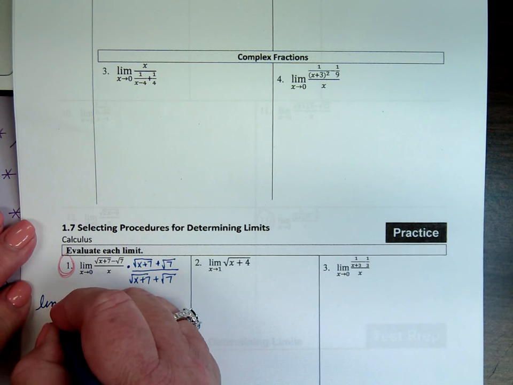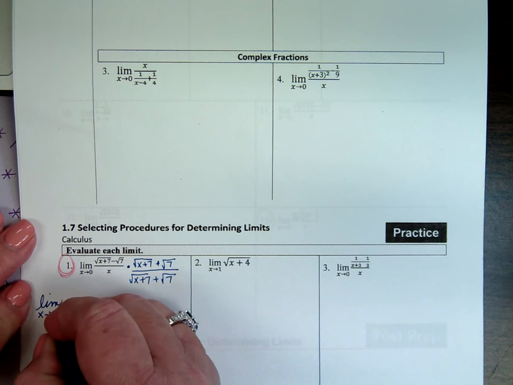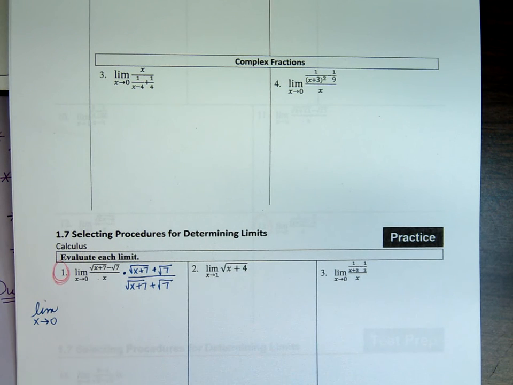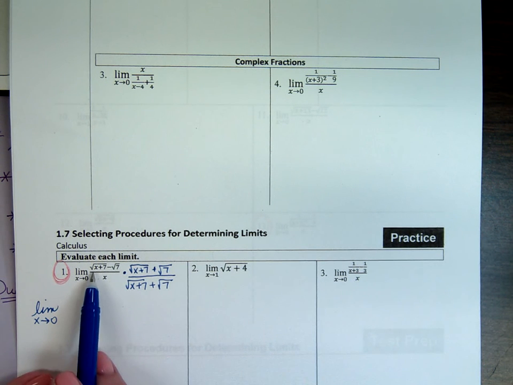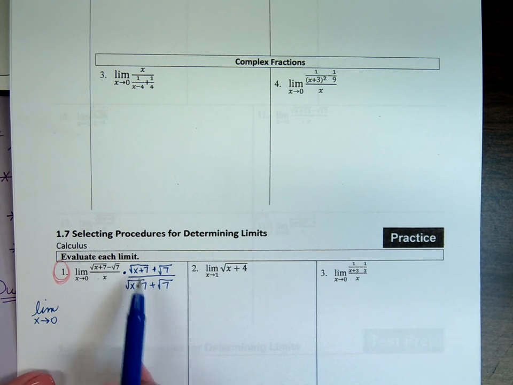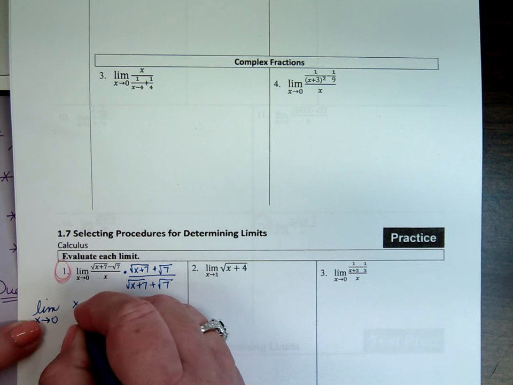So we're going to see what happens if I multiply these things together. The limit hasn't changed, it's still going to 0. But here's where foiling is going to take place. All right, firsts. The square root of x plus 7 times the square root of x plus 7 is x plus 7. It gets rid of the square roots.